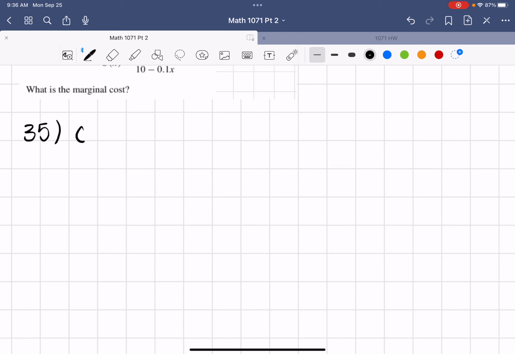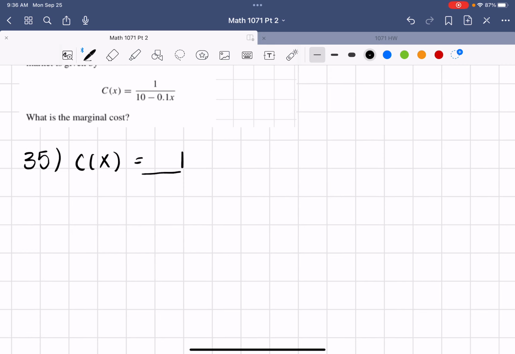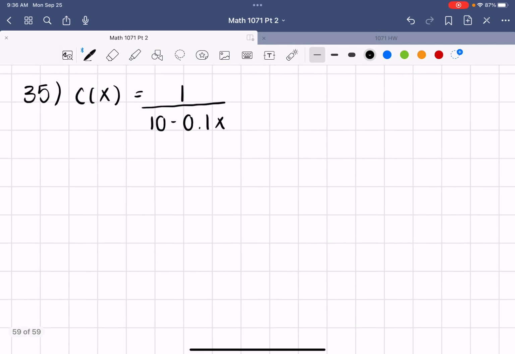Now, how did they explain marginal cost to you back in economics? They said, okay, if your cost for X items, C of X, is given by that, marginal cost means what you pay for one more item.